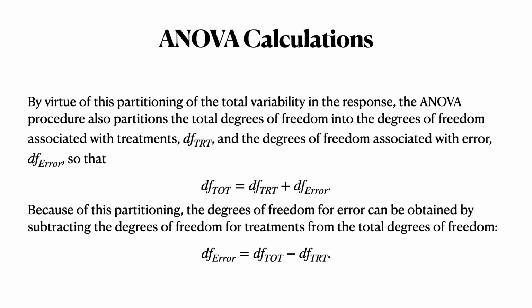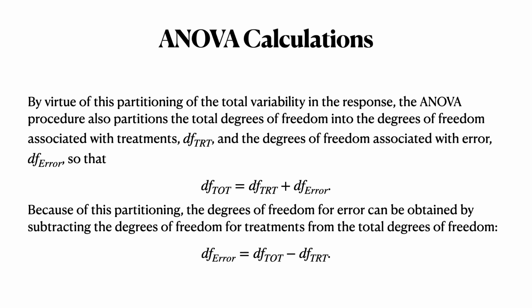By virtue of this partitioning of the total variability in the response, the ANOVA procedure also partitions the total degrees of freedom into the degrees of freedom associated with treatments, which we will denote by df treat, and the degrees of freedom associated with error, which we will denote by df error. And so, again, this partitions the total degrees of freedom, df tot, into the sum, df treat, plus df error.